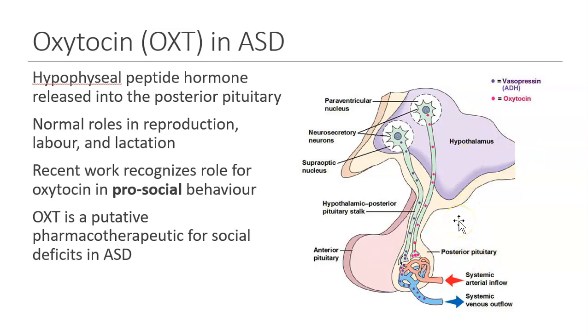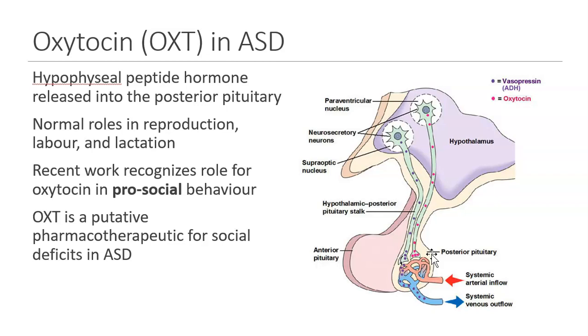And the normal roles for the posterior pituitary and the hypophyseal peptide hormone release is part of reproduction, labor, and lactation. So again, normal release of this hormone is involved during those times.